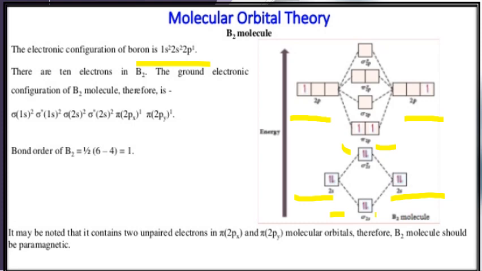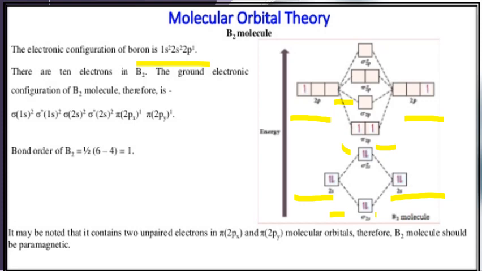So here the mixing of 2s and 2p occurs. That's why the sigma 2p orbital becomes higher in energy and moves upward as given. This is the sigma 2px orbital, which is placed above pi 2py and pi 2pz, which are degenerate orbitals and will be placed down there, right?